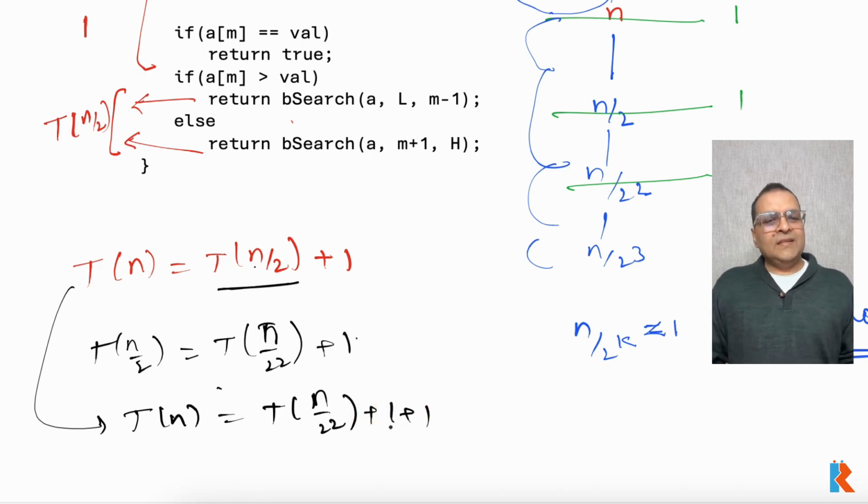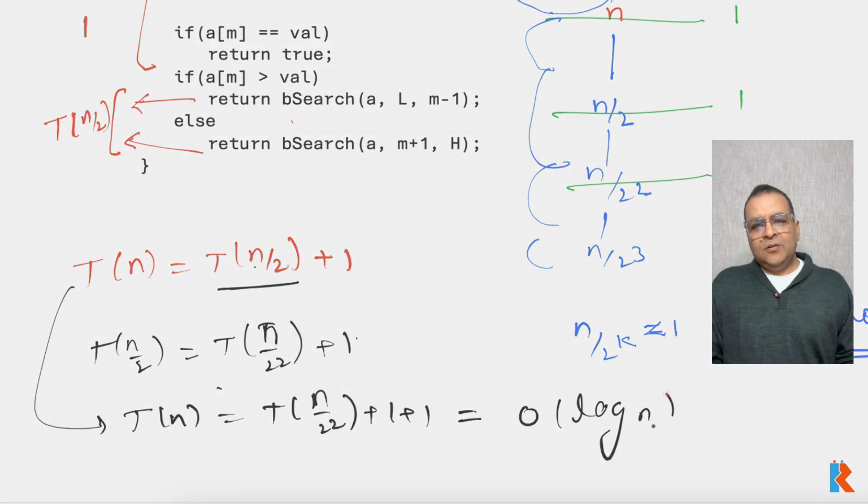We will keep on adding this constant until n/2^k becomes equal to 1, which will be the case after log n steps. It means that for log n times, we will keep on adding 1. So how many times are we adding 1? Log n times. It means that the time complexity will be order of log n to the base 2.